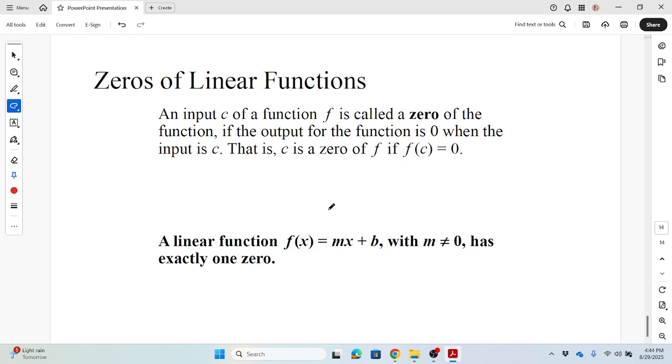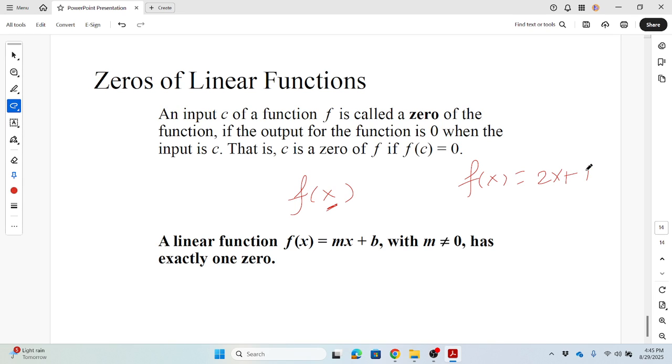One last thing in this section is zeros of a linear function. Let's assume that you have a function f of x which is a linear function. Zero of this function means the value of x which makes this function zero. For example, let's say f of x equals 2x plus 1. Then think about the value of x which makes this function zero.